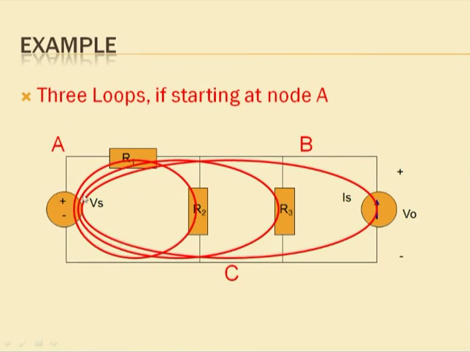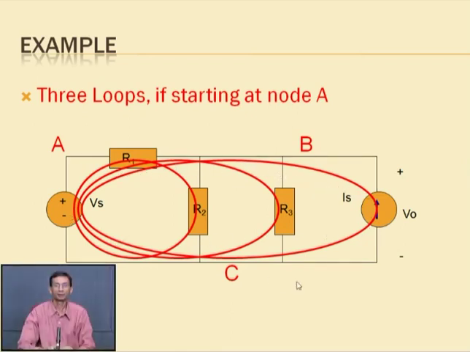And loops are the closed paths in a circuit. Starting from the voltage source through R1, R2 is the first loop; from the voltage source through R1, R3 is the second loop; and from the voltage source through R1, IS is the third loop.